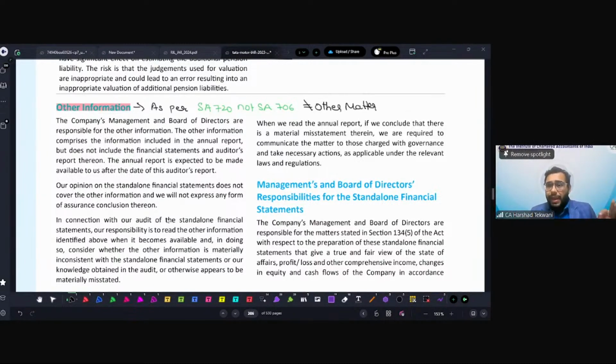The other matter paragraph has a heading of Other Matters, whereas the other information paragraph has a heading of Other Information. Both are different and have different purposes.